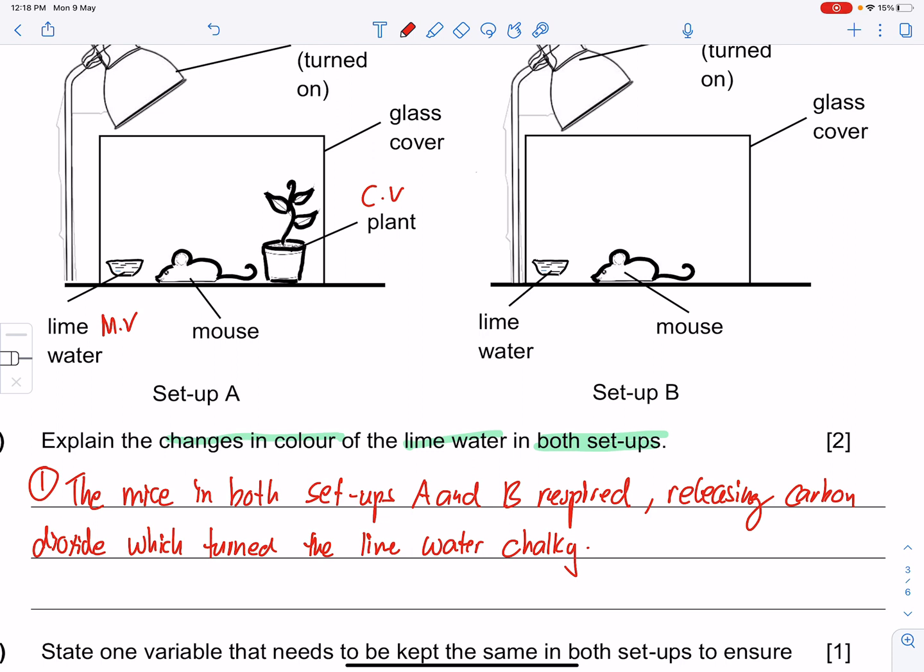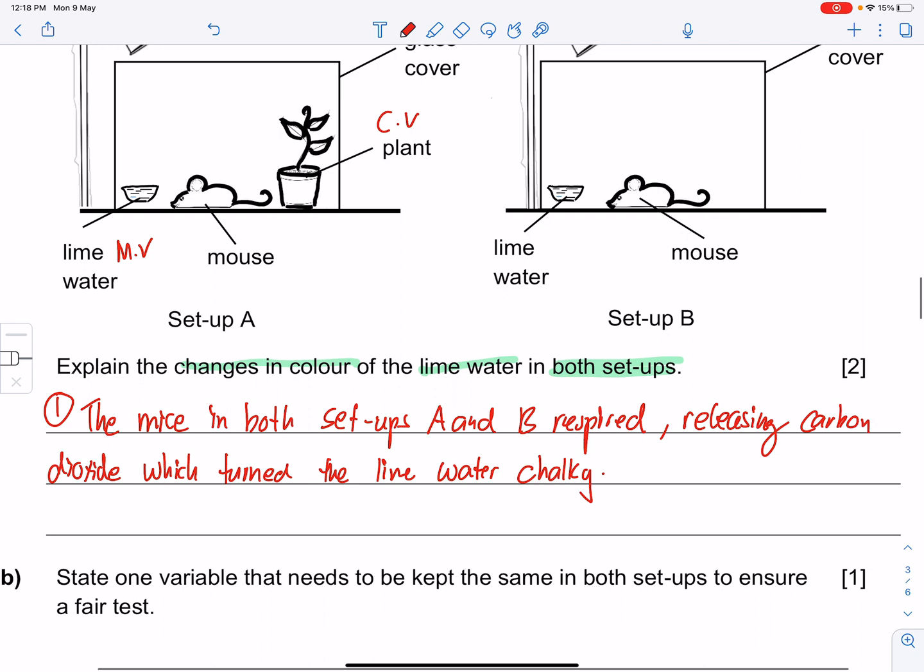Then you have to explain how come one is less chalky than the other. So you have to explain the second point, because they told you that this is less chalky, right? Remember the changed variable? The hint probably has to do with the changed variable. There's nothing else, everything else is the same. So it has to do with the plant. So think, there is light.